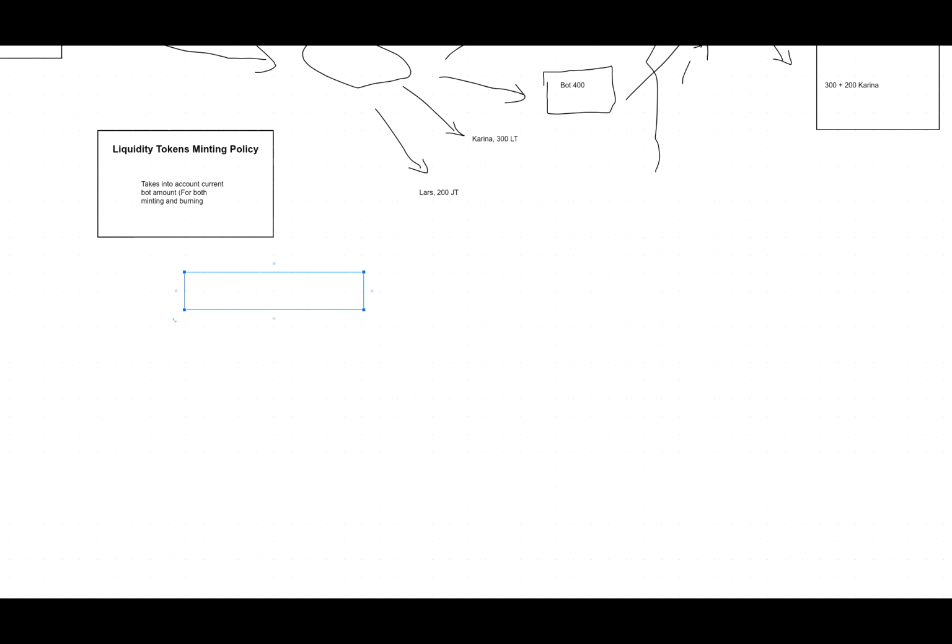The amount of JSON tokens depends on the current exchange rate, which is tracked by the lock contract.